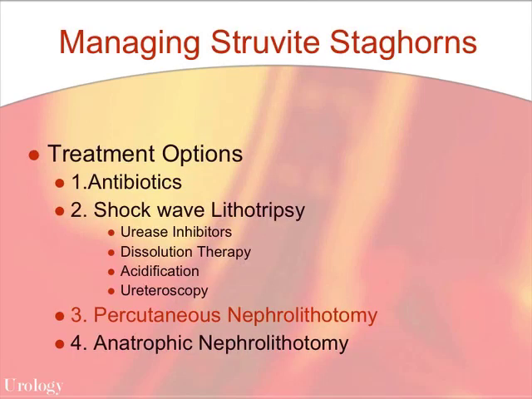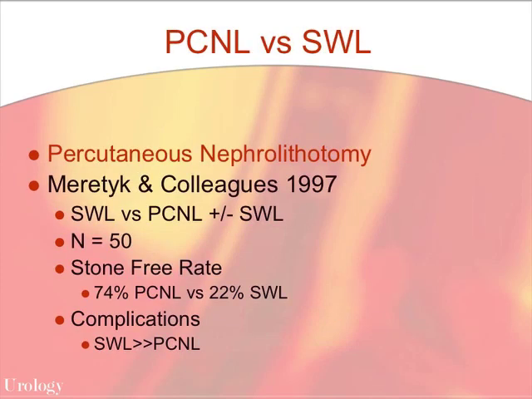Looking at our gold standard, PCNL, in '97 there was a study that compared the shockwave lithotripsy that we just spoke about with PCNL. In their group of about 50, they found that the stone-free rates were 74% in the PCNL group compared to 22% in the shockwave group.